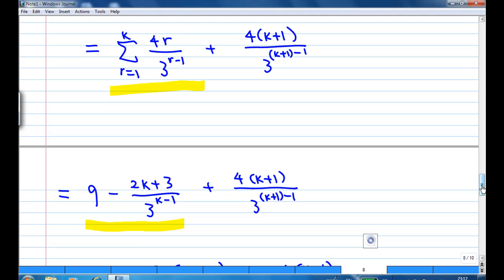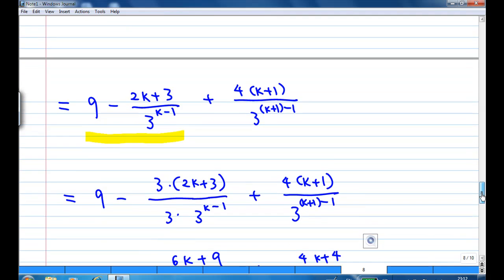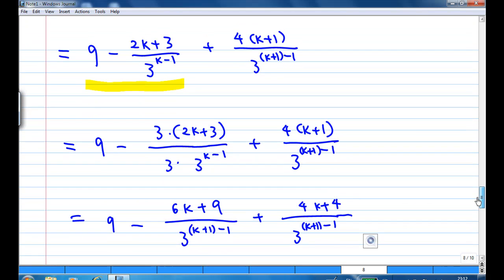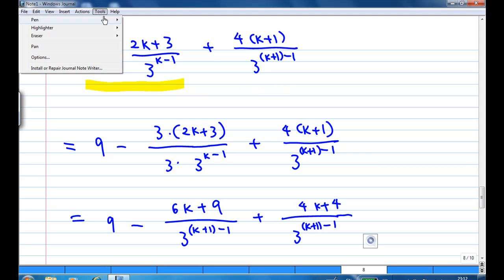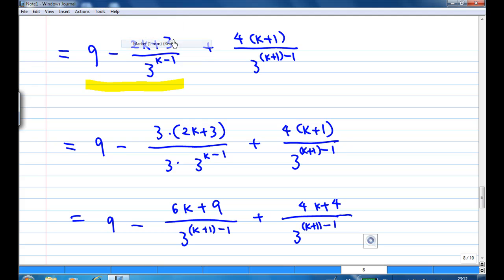Now how do we sum them up? How do we continue? First, notice the denominators are different, so you must have a common denominator. We can multiply the term here by 3 on the numerator and denominator.